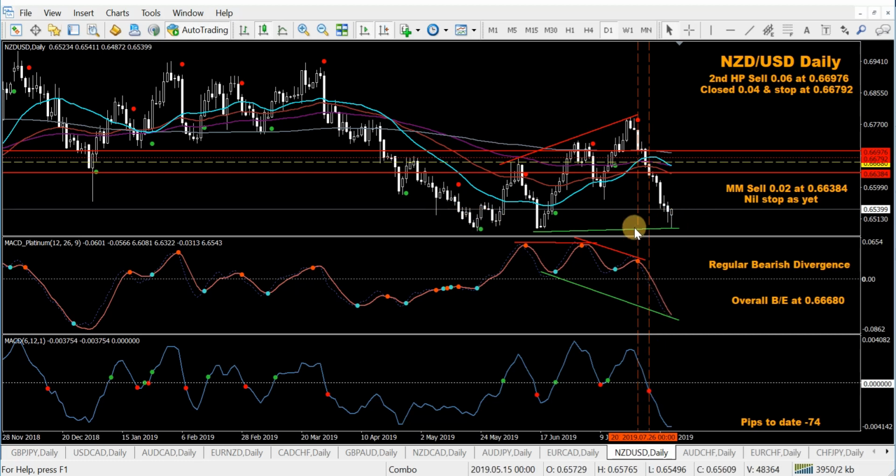It looks like if it's not divergence, it could be like a triple bottom, possibly along there. It's definitely a level of support, and as you can see, it's already started to head up a little bit. So that's looking pretty good, down about 74 pips, but I reckon I've got that covered if I close those two trades. But it's all good. So that's the New Zealand.